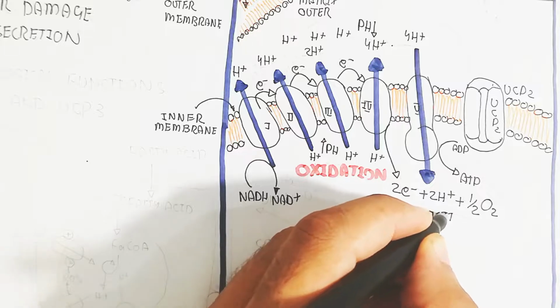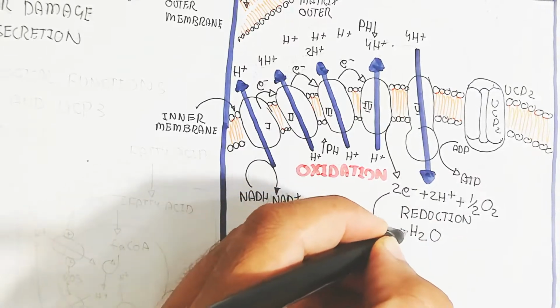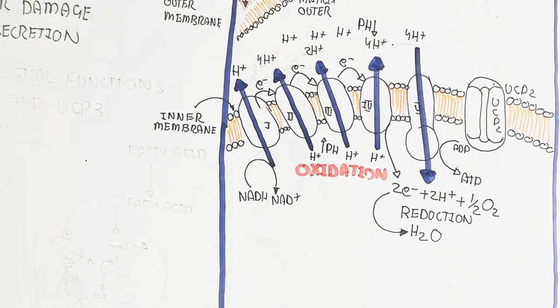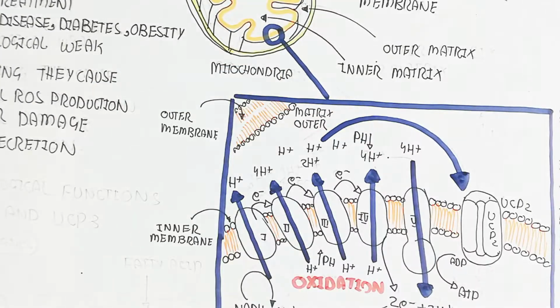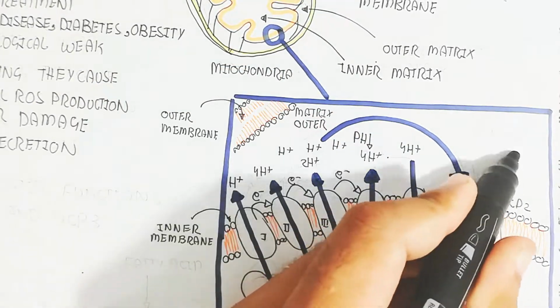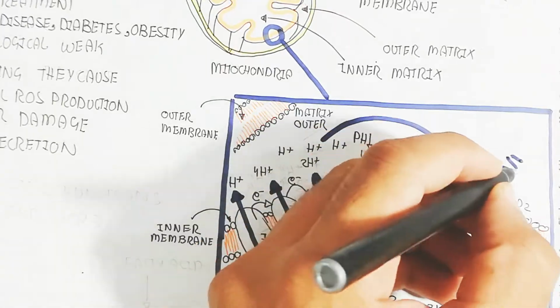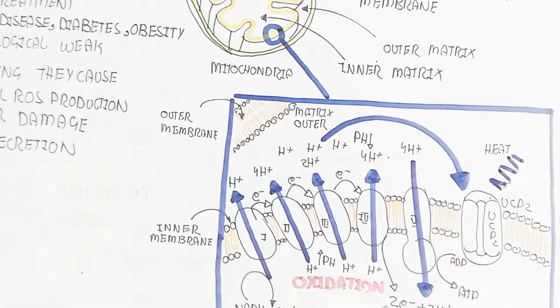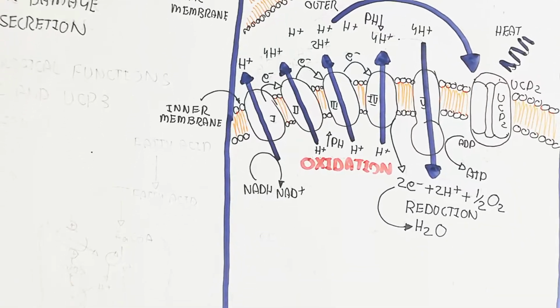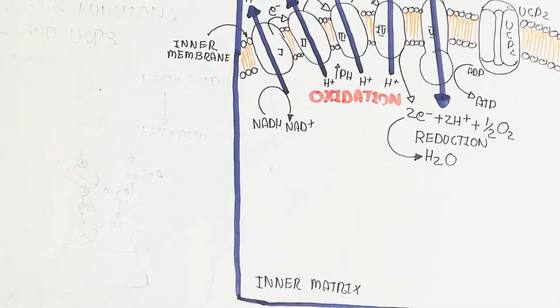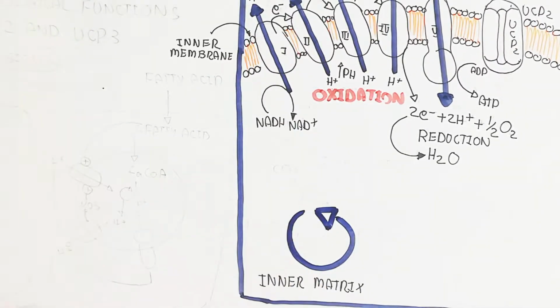Here is the oxidation to reduction, when the influx of 4 protons into the ATP synthase enzyme leads the electron to be used, and the proton and half a molecule of oxygen produce water. It is known as the reduction reaction. But in this case, the proton also moves inside through UCP2 to produce heat.